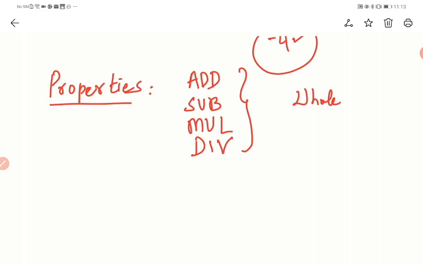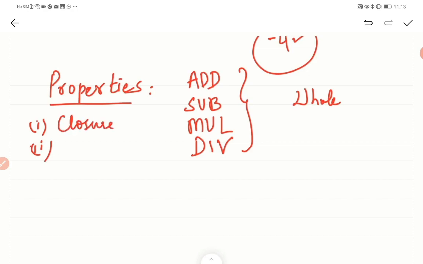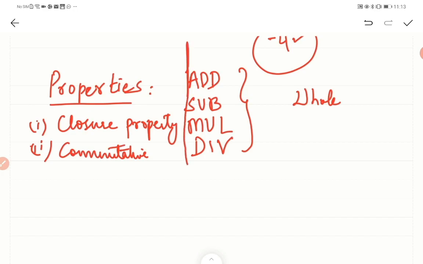In your properties, I'll just name all the properties first, then later we'll see one by one for all these operations. You have closure property, then you have commutative property. I hope you remember these properties. You have studied these for your whole numbers, right? Now third is associative.